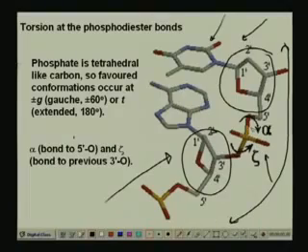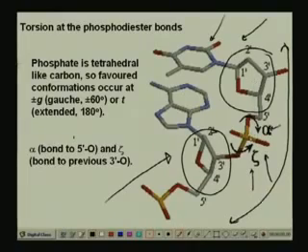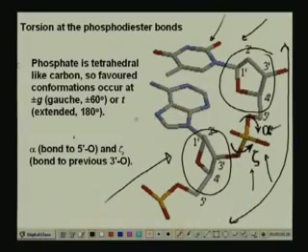We can also have positional changes due to rotations about this bond and this bond. Remember the phi and psi angles of proteins? Okay. Now, if we just consider that we have the sugar, the phosphate, the sugar, the phosphate, we have here single bonds. What do single bonds allow? They allow free rotation. Okay? And because of this rotation, we can have again changes in the position of the bases and the position of the phosphate.